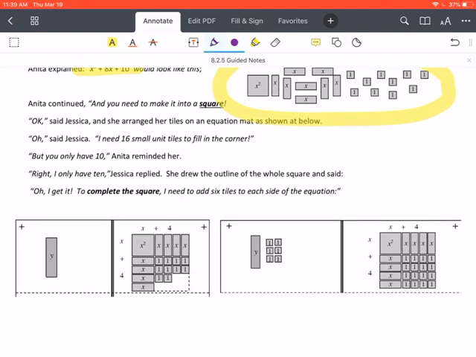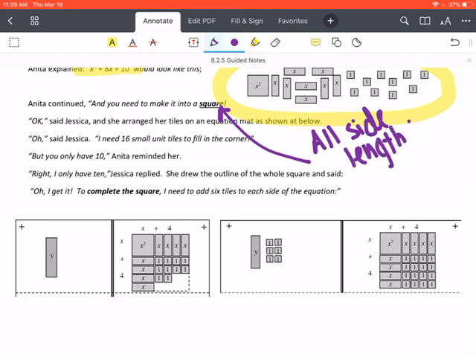Now, square is in bold because we need to review what is so special about a square. Well, most of you guys know that all side lengths are equal. And you probably want to write that down. So a square, all side lengths are equal.